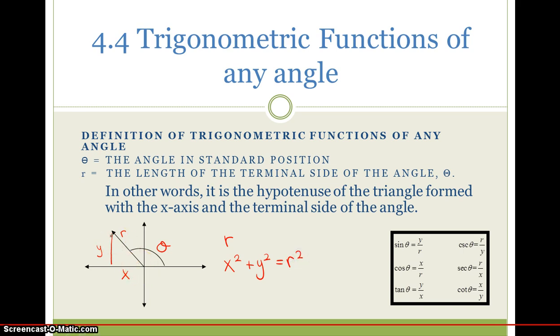In order to find r by itself, we take the square root of both sides. So r is equal to the square root of x squared plus y squared. And remember that r is the length of the hypotenuse, so it's always going to be positive.